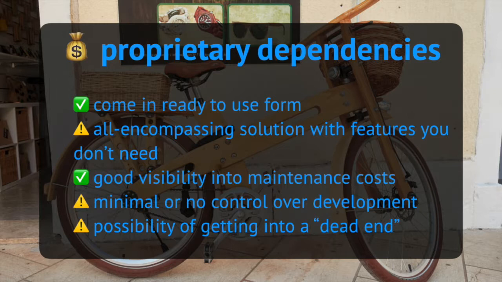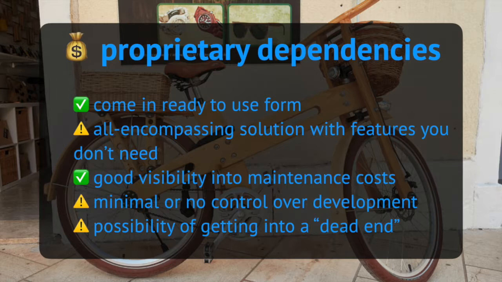And also, there is a fairly real possibility of getting to some sort of dead end with such a proprietary component, especially in a situation when you cannot get hold of its source code. And that's not a joke, because in some cases, for some vendors, when you buy a license to their libraries or frameworks, you also get the source code of that library.